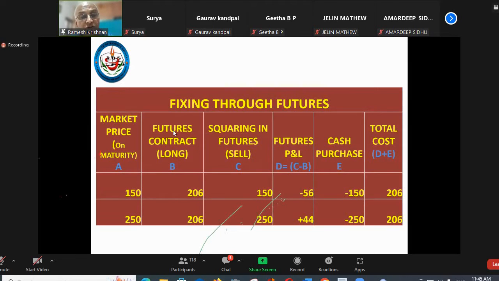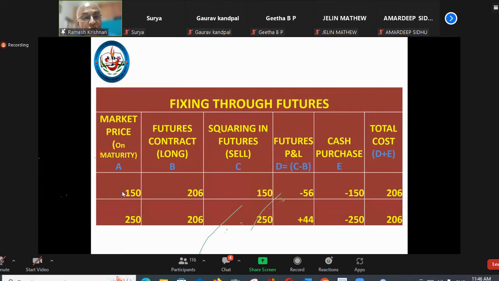If you have bought from the futures exchange a cement contract at 206, you are long, and then squaring means on maturity date you will sell it back to the exchange at that day's prevailing spot price, which is 150. So 206 what you bought, squared at 150, you lost 56 to the exchange, but you gained in the spot price. What you had assumed to go up has come down to 150, so your total cost becomes 150 plus 56.